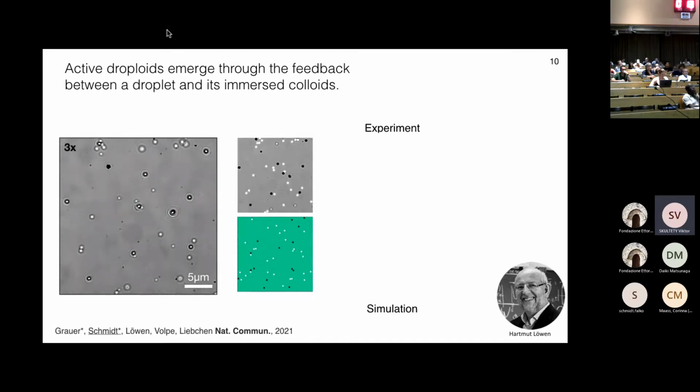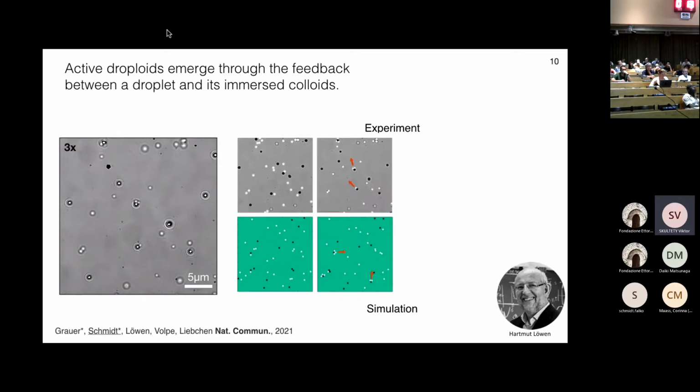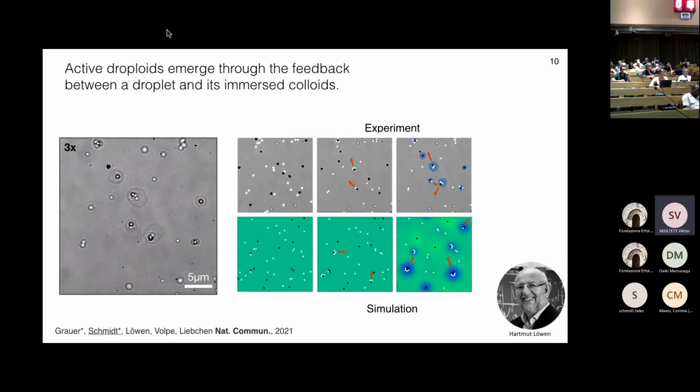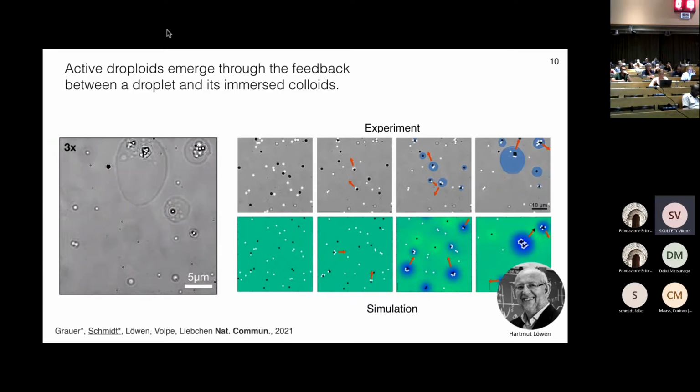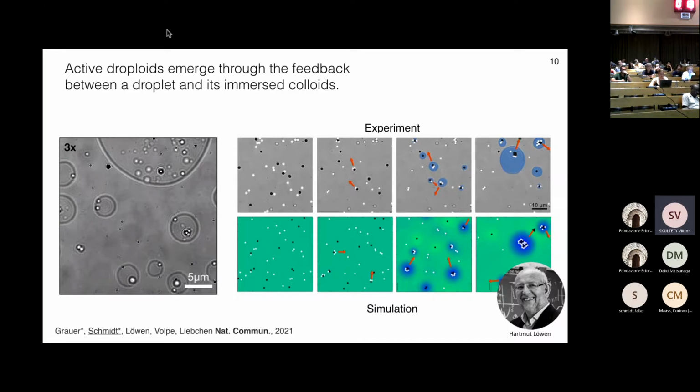And what you see at the beginning, again, we start with Brownian motion, we get our active colloidal molecules, but a little bit later, you start seeing droplets forming around it. Interestingly, these molecules still stay and they still move around. And while they move around, they move the droplet with it. So they still influence their local environment. And over time, if you would watch this more, there would be a gigantic droplet forming.